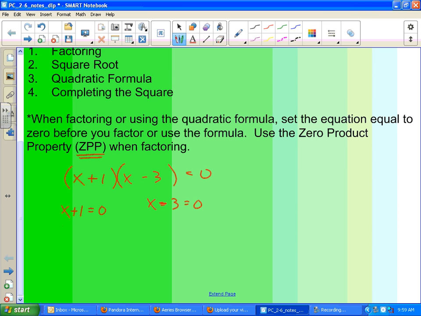So one of my x's is -1, and the other one is 3. Those are what we refer to as zeros, because they made the value of the function equal to 0. So this zero product property is absolutely critical for us to be able to do this stuff. But again, it's for two factors, right? You good? Okay.